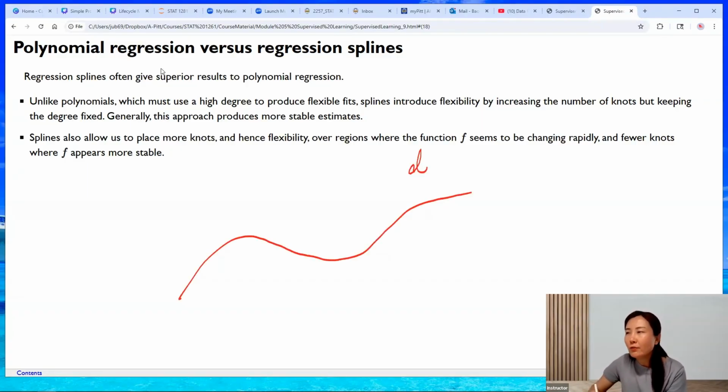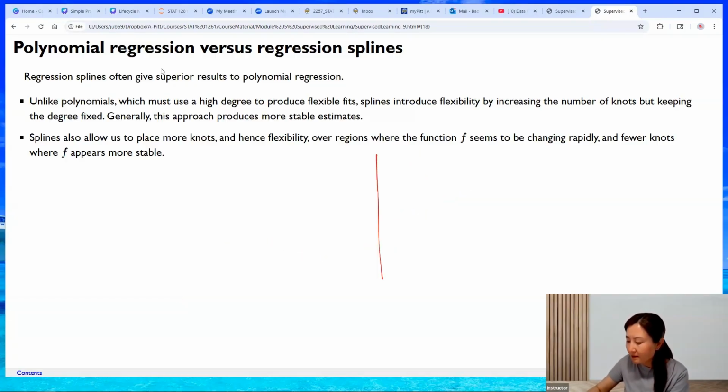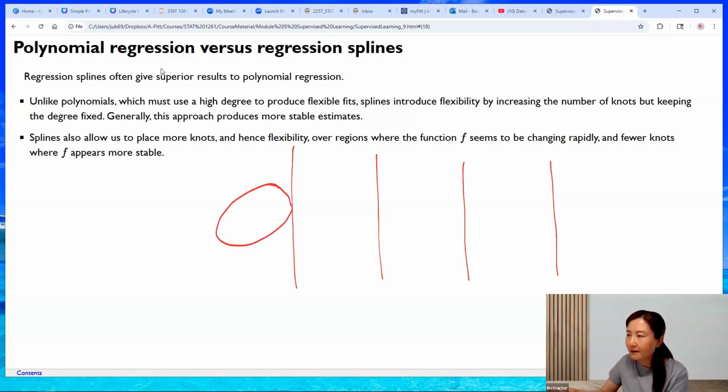But if we use a regression spline, we first split the data into smaller regions, and consequently, in each small region, there are only a limited number of observations, and the pattern won't be very complicated. So we can use a lower degree polynomial in each region.